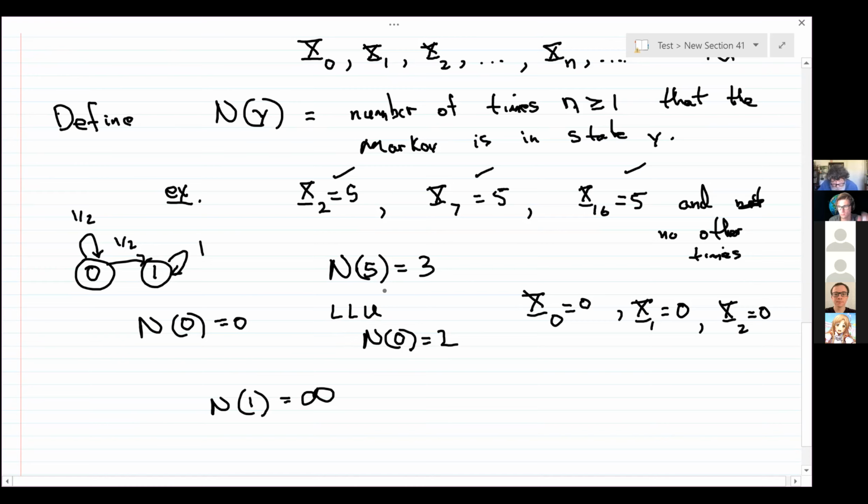So at time 2, I would still be here, but then at time 3, I would be at 1. So if this happens, then what I'm looking at is how many positive times was I at 0? Well, there was this positive time and this positive time.